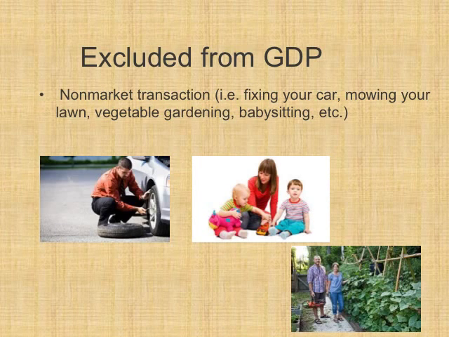Non-market transactions that are produced and consumed at home and which never enter the market are excluded from GDP, such as vegetables grown in your kitchen garden and you enjoy eating them.